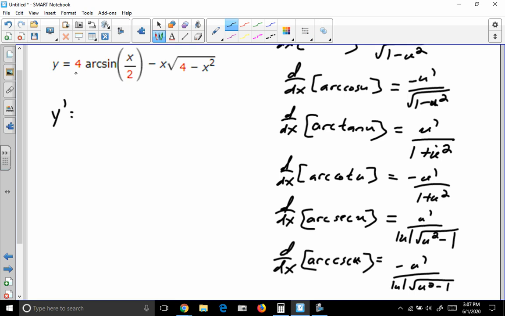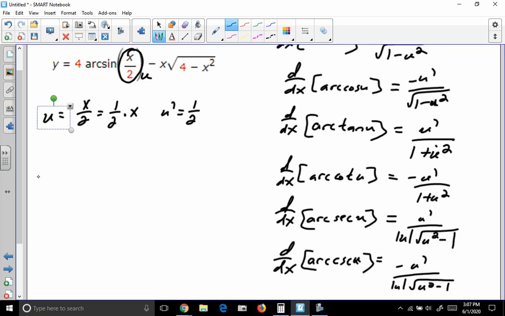So if we want to take the derivative of arc sine, this is u. So if u is x over 2, or we could call that 1/2 times x, then u prime is 1/2 times the derivative of x, which is 1.